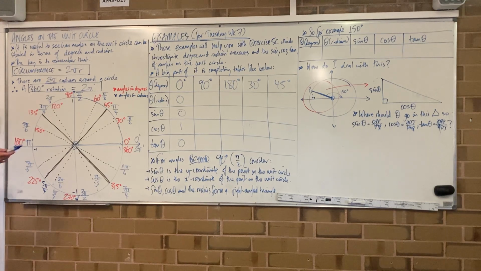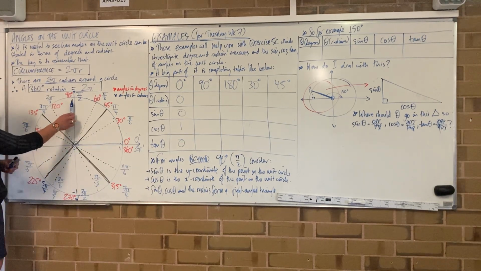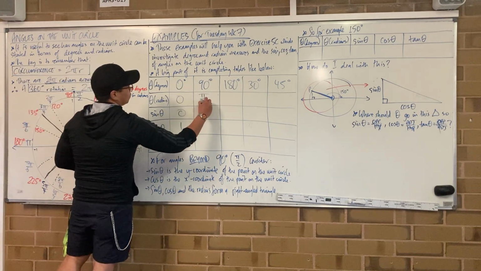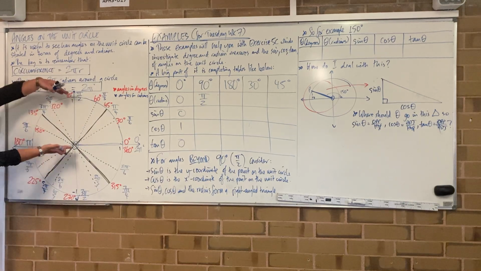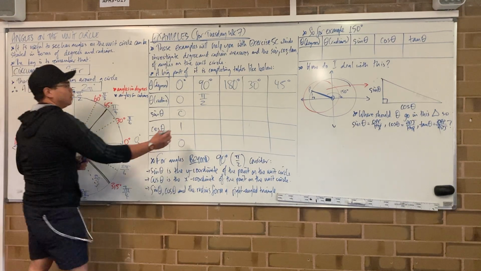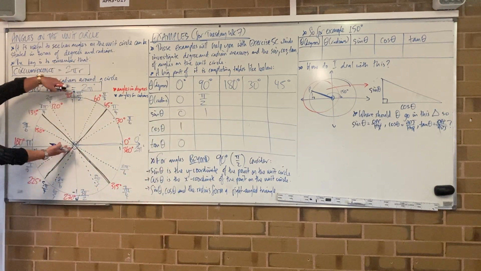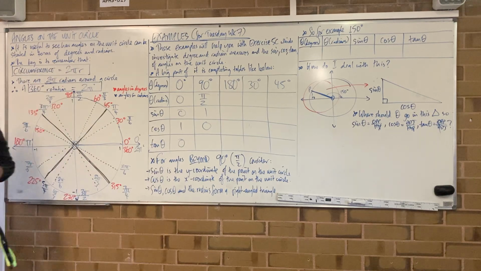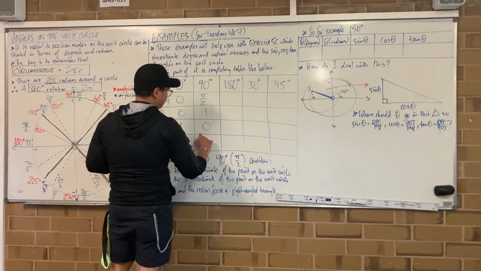Let's consider 90 degrees. What did we just establish that was in radians? Pi on 2. What's the sine here? How far vertically has it gone? 1. How far horizontally has it gone? 0. 1 divided by 0. Undefined.